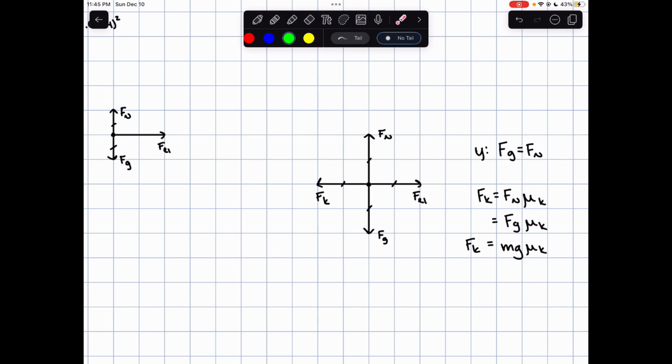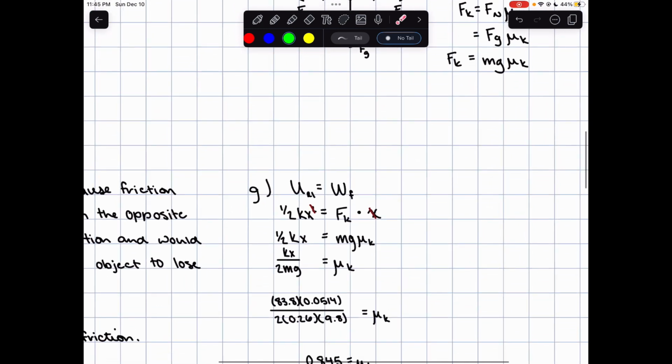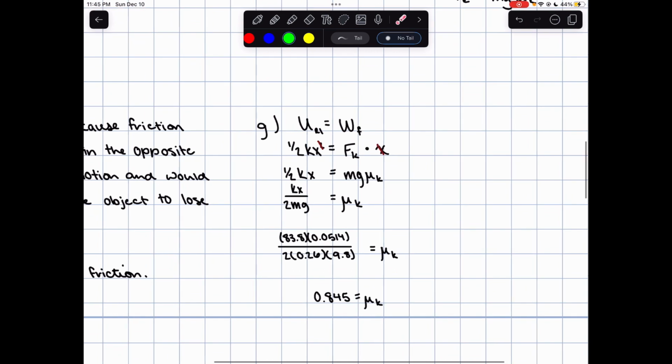From there, to get to our final step, we can finally substitute in mg for Fg to get it to read that the kinetic frictional force is equal to mg times mu k. We can then substitute that in for our frictional force in our equation.